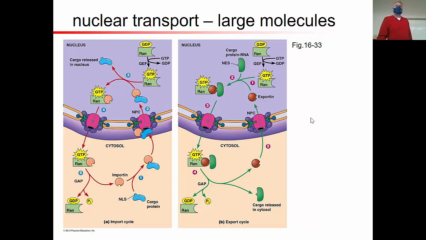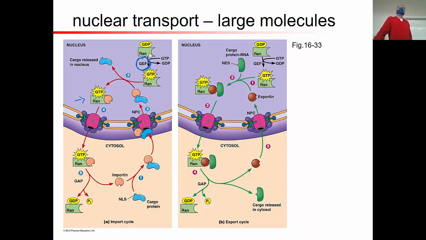So the GTPase is a protein called RAN. Right? So we can see RAN here. And inside the nucleus, we have the GEF.